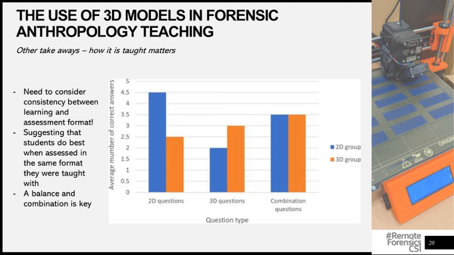So, assessing students in the same way in which they were taught, because you can see here that the 2D students in blue, when they were assessed using 2D questions, they did great. When they were assessed with 3D questions, not so good. When they had a combination, okay. And then the opposite is true for the 3D group. When the 3D group were provided with 2D questions, they didn't do as well as when they had the 3D questions or a combination.